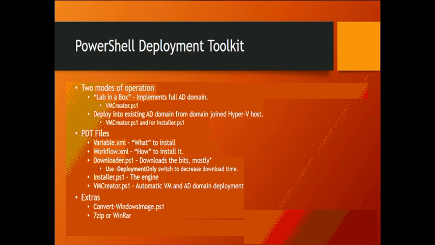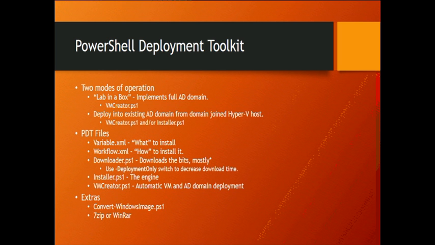There's several different ways that you can use the PowerShell Deployment Toolkit. Earlier versions really only had one mode, but now there's what I like to call lab in a box. It gives you a complete self-contained lab environment of System Center. Using the VM creator script, which we'll go through here in a minute, it will deploy the main controller VM.